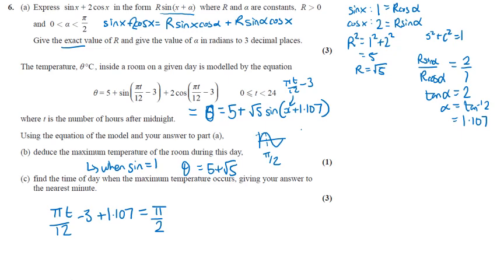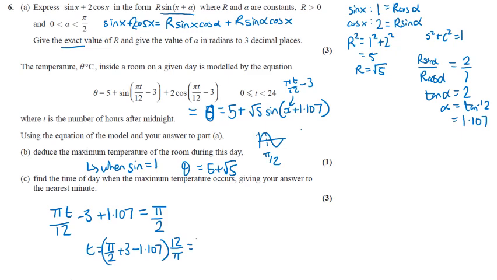So if we rearrange that, we get t is equal to pi over 2 plus 3 minus 1.107, and then multiplied by 12 and divided by pi. Okay, so that's just rearranging all in one step there.